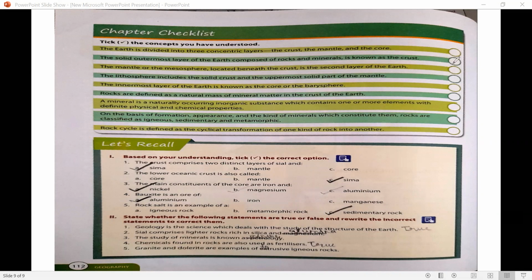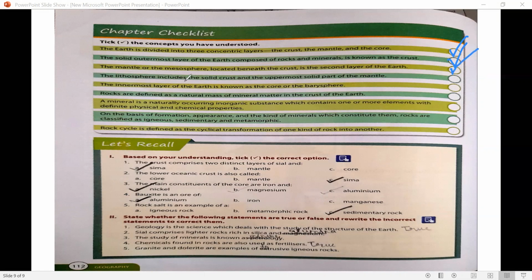If you see over here, the earth is divided into three concentric layers: the crust, mantle, and the core. Yes, we have learned this. The solid outermost layer of the earth, composed of rocks and minerals, is known as the crust. Yes, we have understood this also. The mantle or the mesosphere, located beneath the crust, is the second layer of the earth.